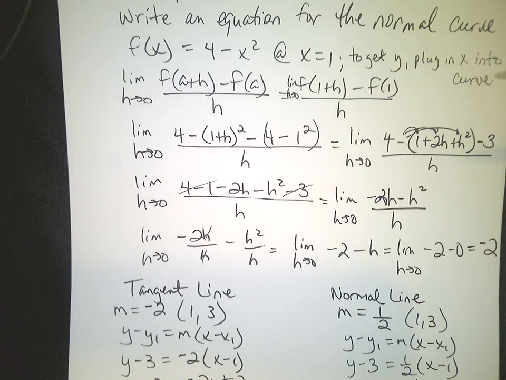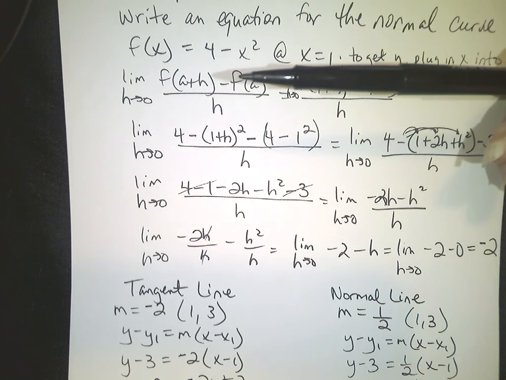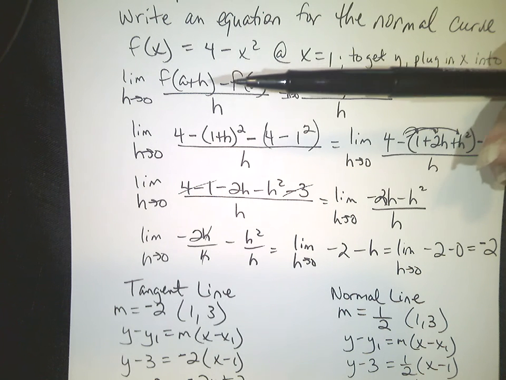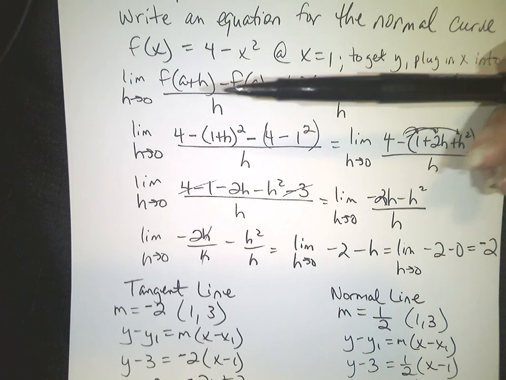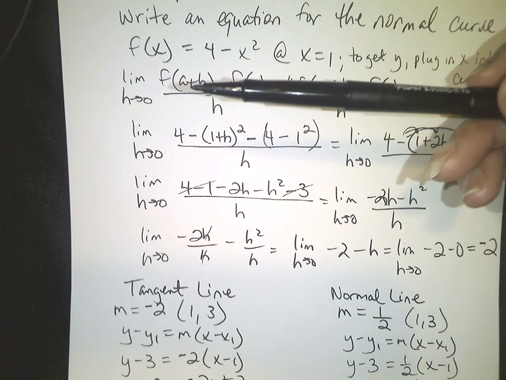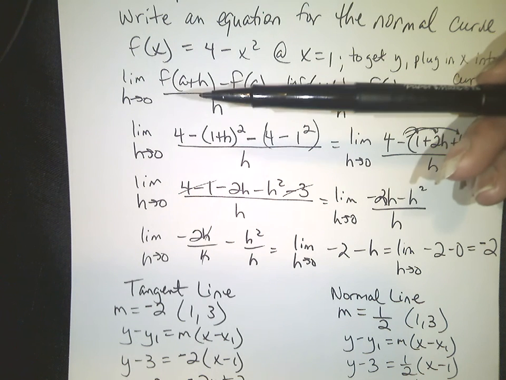Okay? And then a couple more things, and then I'm done. For instantaneous rate of change or instantaneous speed, you're still going to use the difference quotient, except that you're going to substitute time or t where you see a.